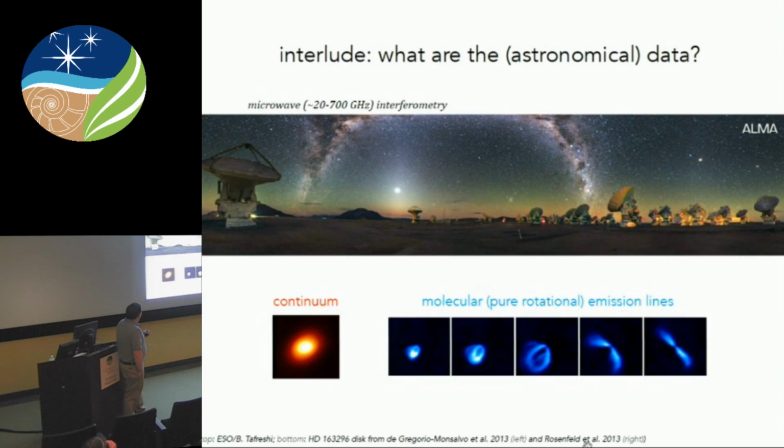But the nice thing that this can do is measure and resolve thermal continuum emission. And that thermal continuum emission at about millimeter wavelengths is coming directly from those millimeter-sized particles. So you have a direct tracer of the distribution of those pebbles that we're so interested in.